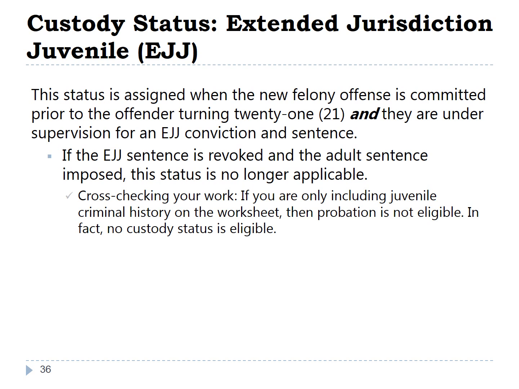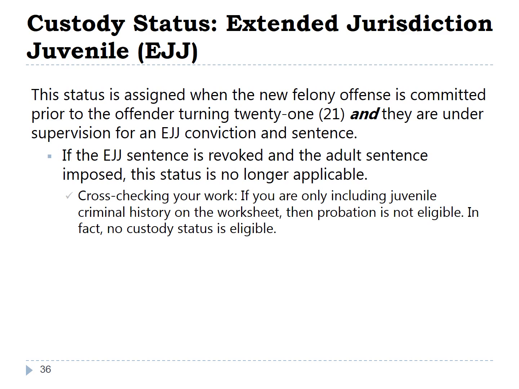An extended jurisdiction juvenile, or EJJ, sentence means that the defendant is adjudicated in juvenile court and given the adult sentence found on the applicable grid based on the severity level and criminal history score of that offense. But that sentence is not imposed unless the EJJ is revoked.